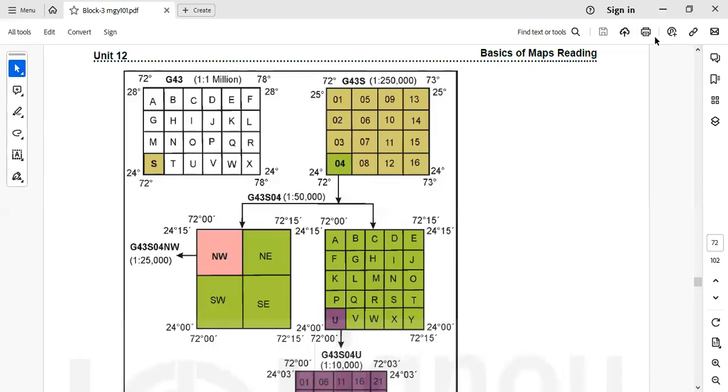For example, the 1 million map is available at a scale of 1:1 million. And we have the 1 degree map. It covers 1 degree, and its scale is 1:250,000. Then we have another map, the 1:50,000 scale.